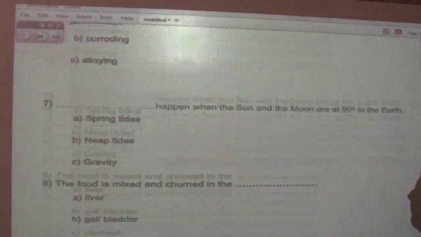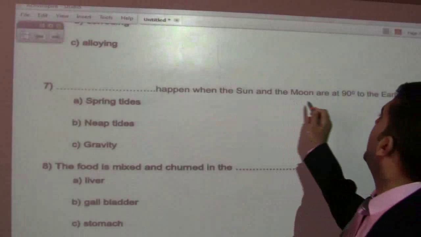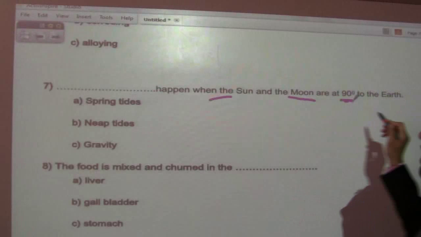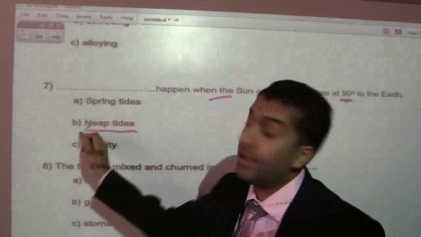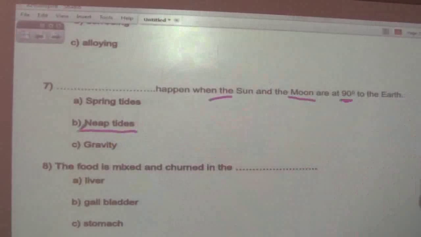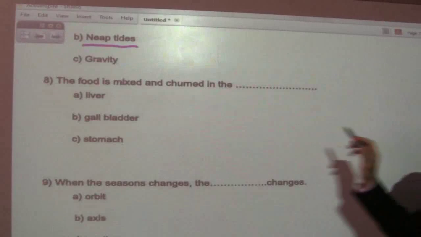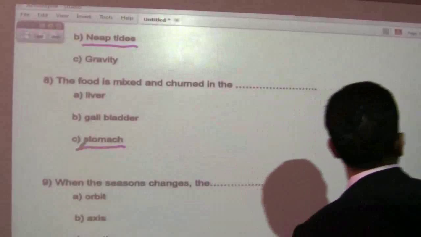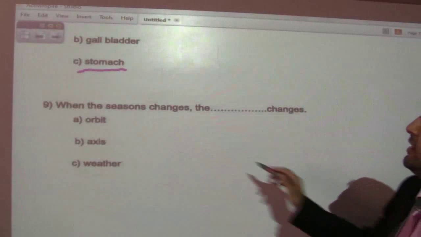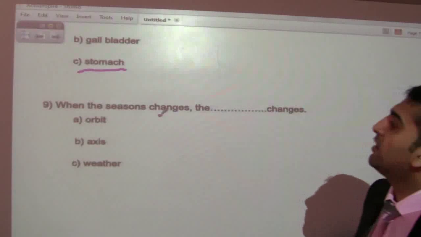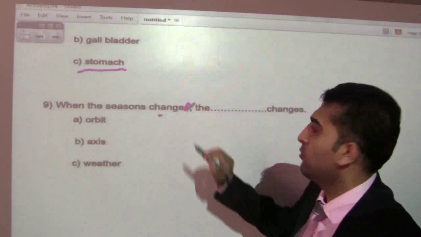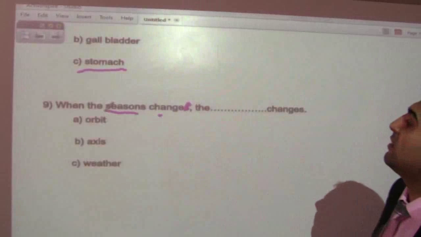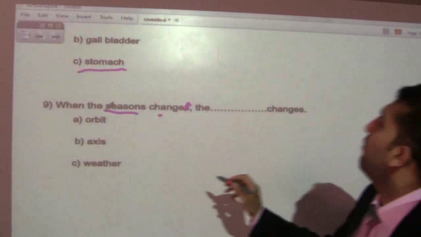Number 7, neap tides happen when the sun and the moon are at 90 degrees to the earth. After that, question number 8, the food is mixed and churned in the stomach. Number 9, when the seasons change, I'm sorry, because here it's plural. When the seasons change, the weather changes.